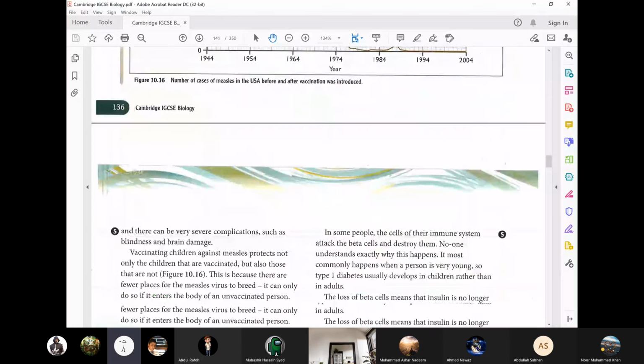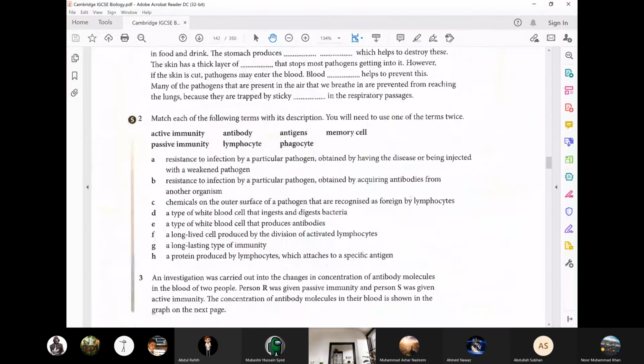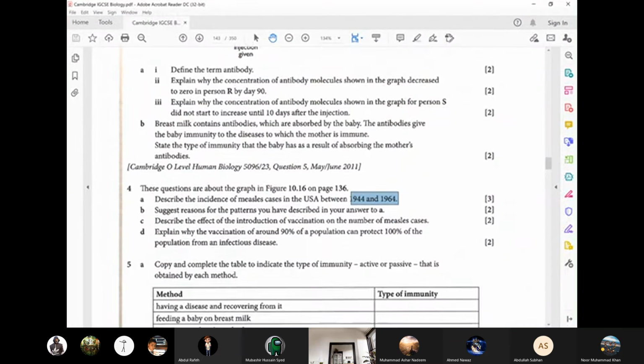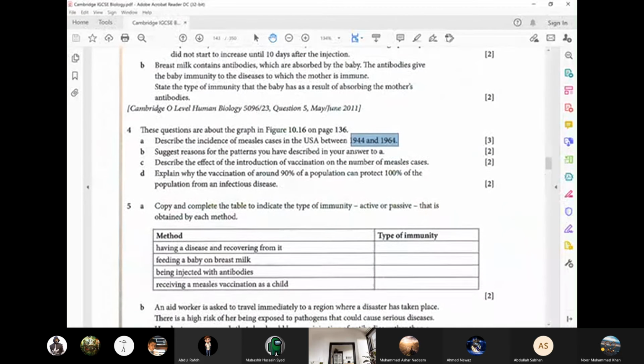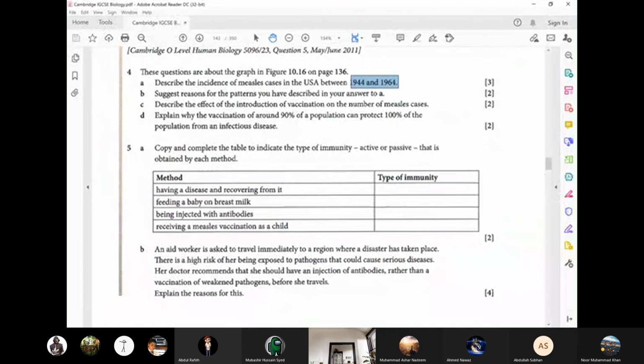Understood, boys? Yes, sir. Maybe you have seen the news yesterday that the Ministry of Health and Ministry of Education announced that all the people who work in education have to get vaccinated before the start of the next year, because in the next session the schools will be open, inshallah.